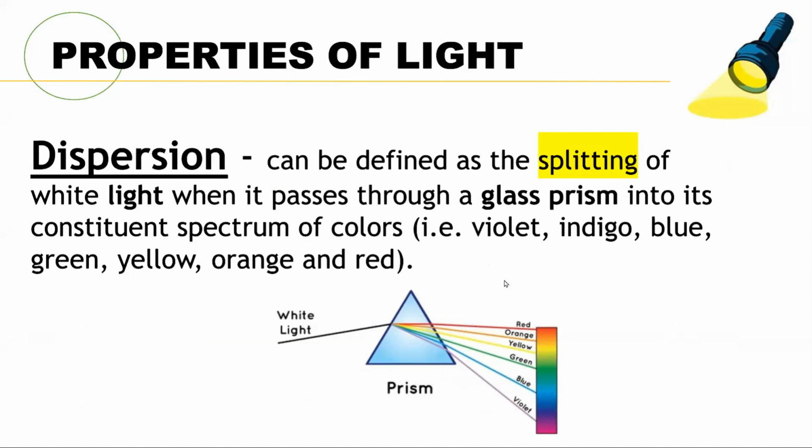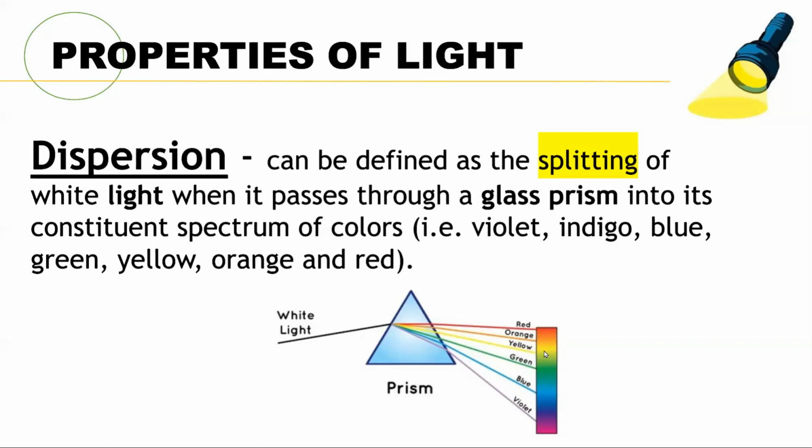From white light, once it passes through the prism, gibungkag. So from white light, paggawa sa prism, you have the red, orange, yellow, green, blue, tsaka violet.